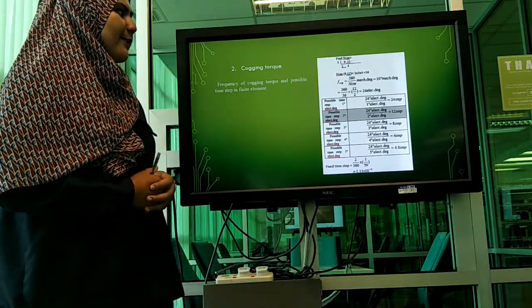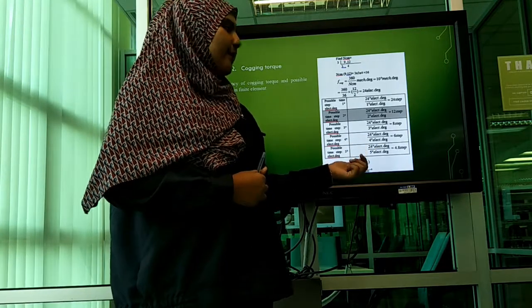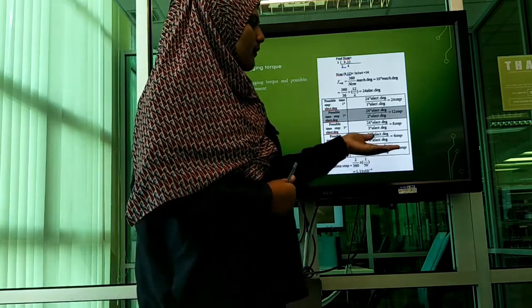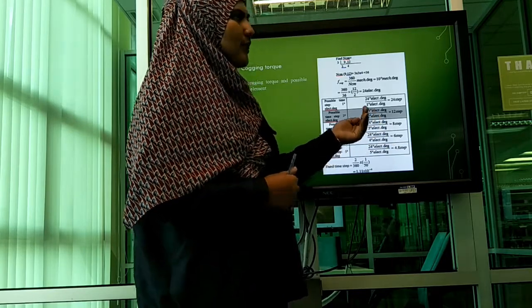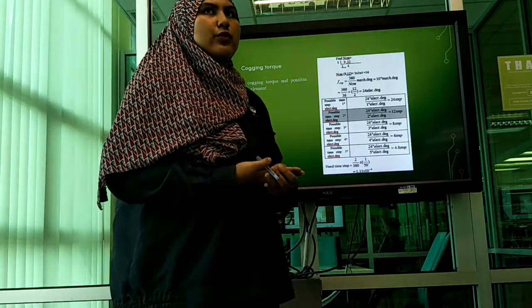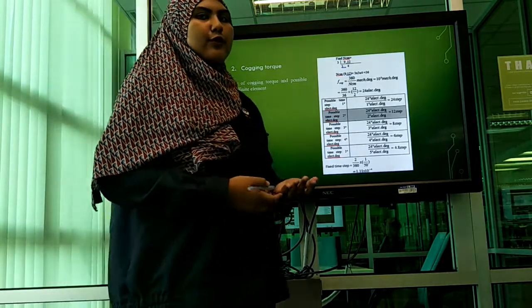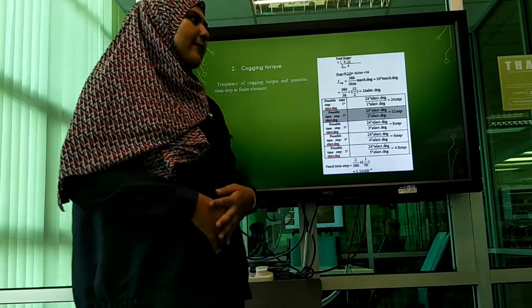The possible time step is 2 electrical degrees because it has 12 steps. We cannot take 6 and 8 because the value is too small, it's hard to simulate and it's not suitable to simulate this model.